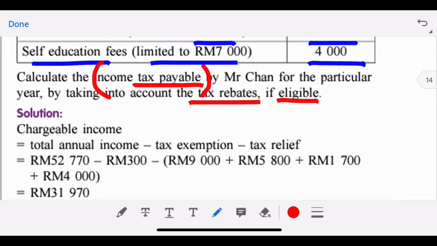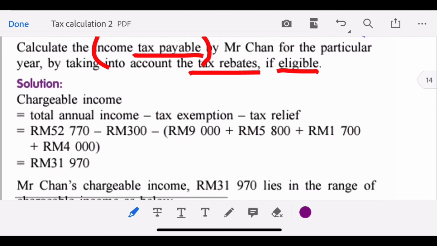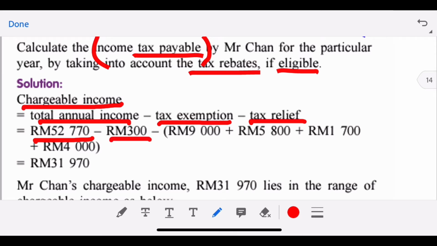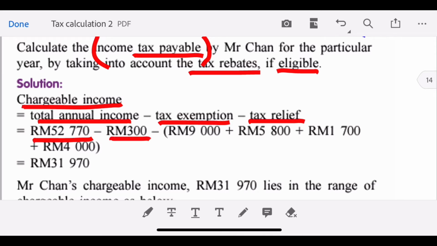Alright, the solution is: chargeable income is the total annual income minus tax exemption minus relief. So 52,770 minus 300 and minus all the tax relief.